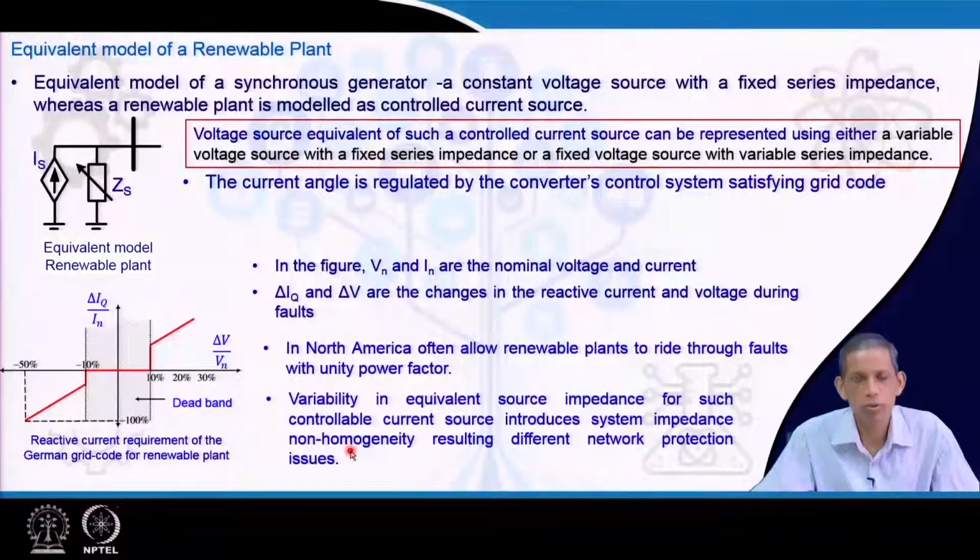The equivalent impedance of the source varies significantly with time even during the fault, and the associated angle may not match the corresponding transmission system impedance.